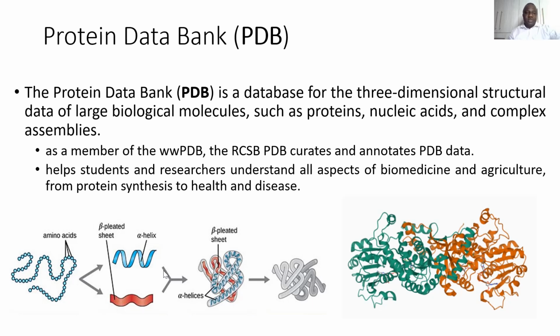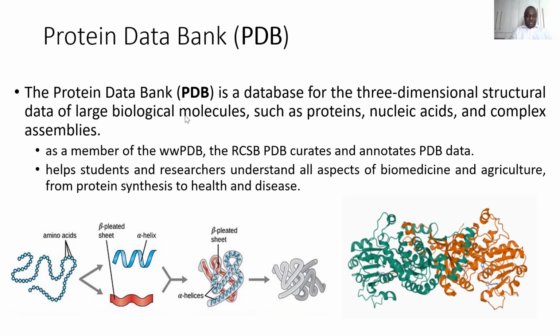Okay. So I was saying the Protein Data Bank is a three-dimensional structural database of large biomolecules, not just proteins, but nucleic acids and some complex systems formed either from the interaction of two proteins or a protein and nucleic acid, and the rest of them. The information you have here are the three-dimensional structures that have been resolved for a particular protein.